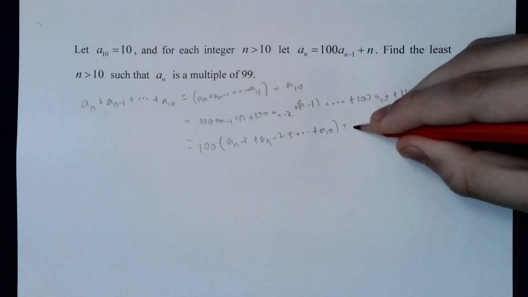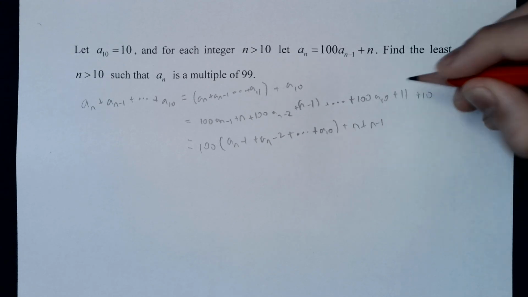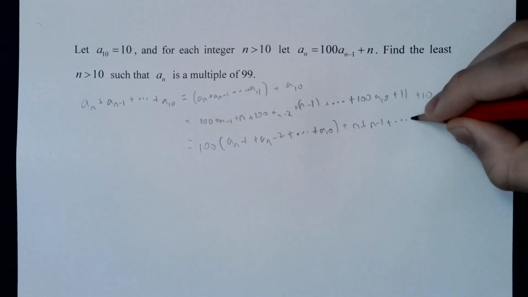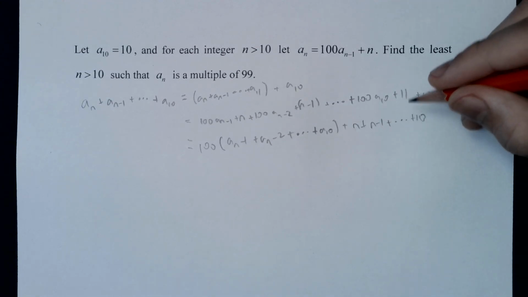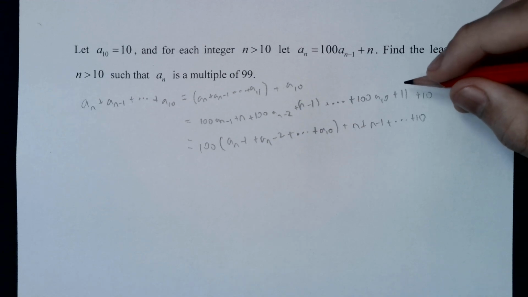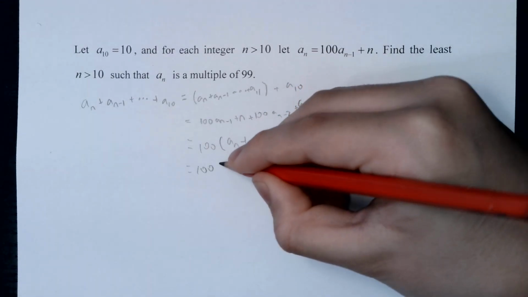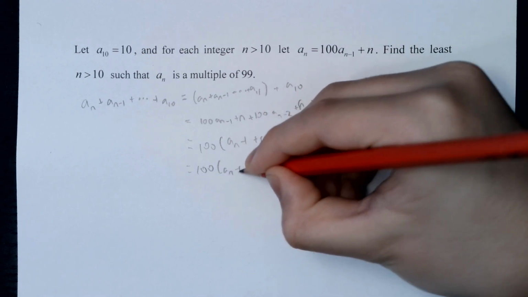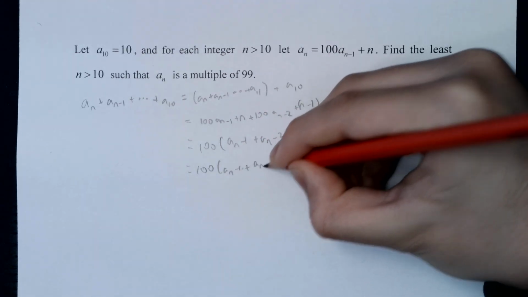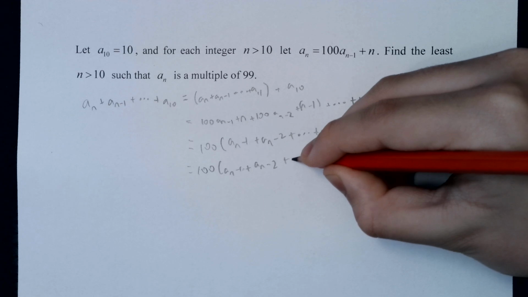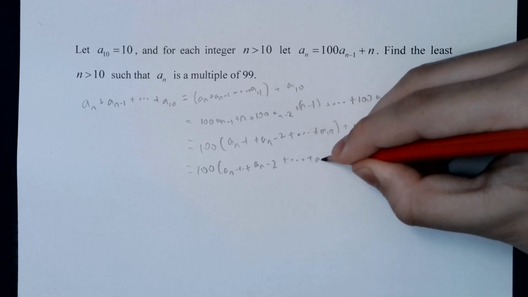So here we have n plus n minus 1 plus all the way down to 10. Now here we can simplify it yet again, so we still have the 100 an minus 1 plus an minus 2 plus all the way down to a10.